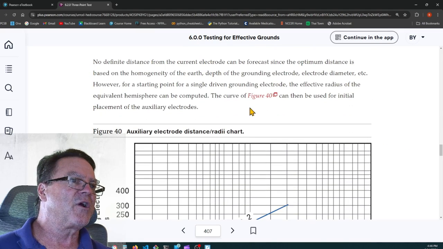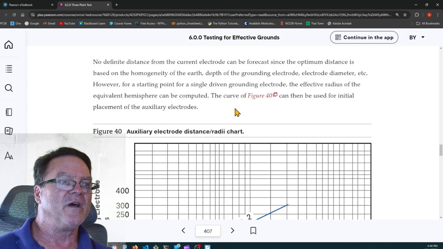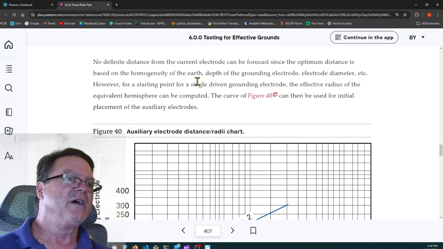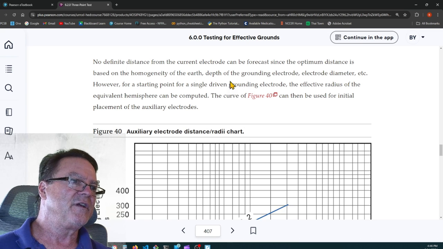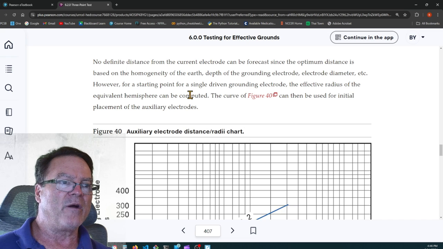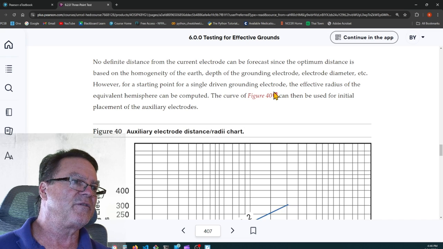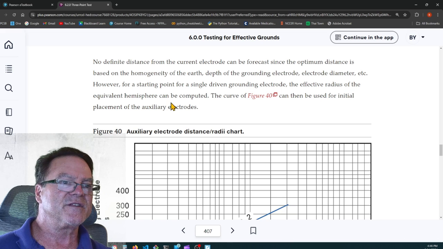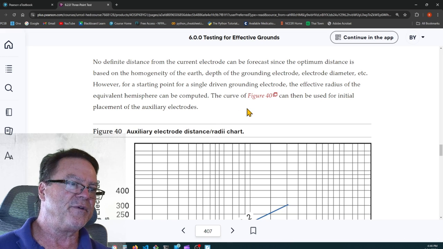No definite distance from the current electrode can be forecast, since the optimum distance is based on the homogeneity of the earth, depending on the grounding electrode, the electrode diameter, etc. However, for a starting point of a single driven grounding electrode, the effective radius of the equivalent hemisphere can be computed.